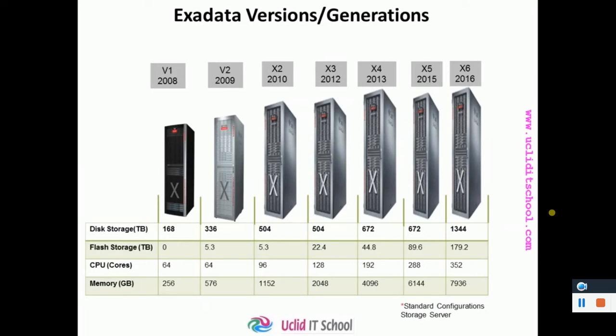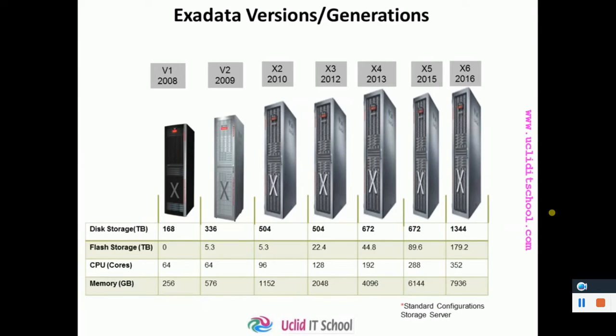So if you see disk storage, in version 1 you used to get 168 terabytes per rack. Whereas in version 2 the capacity has been increased to 336 terabytes, and in version 3 it is increased to 504 terabytes. In the latest version it is 1344 terabytes.